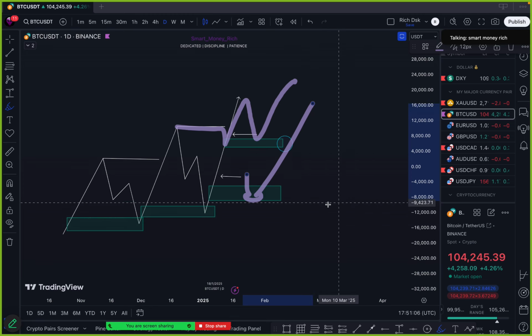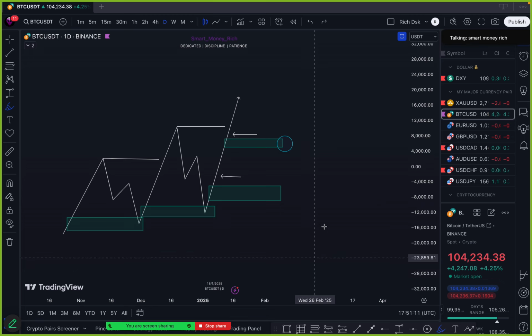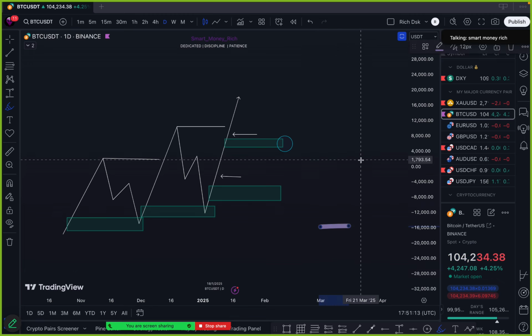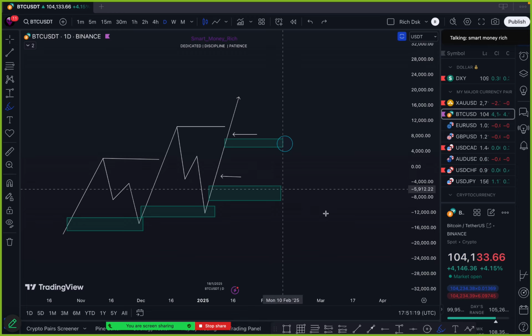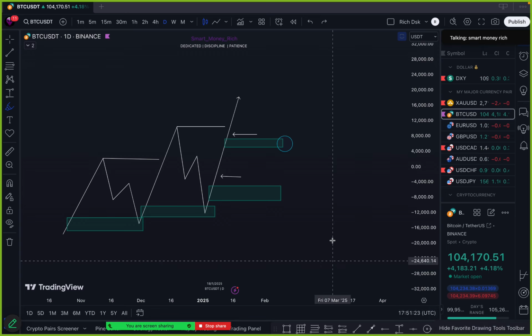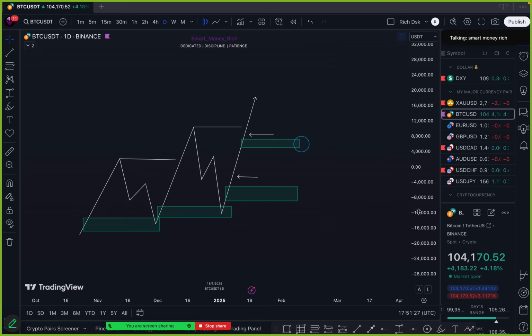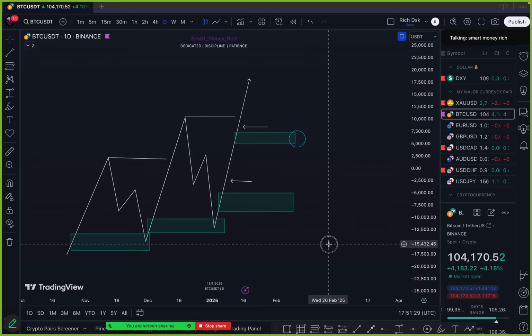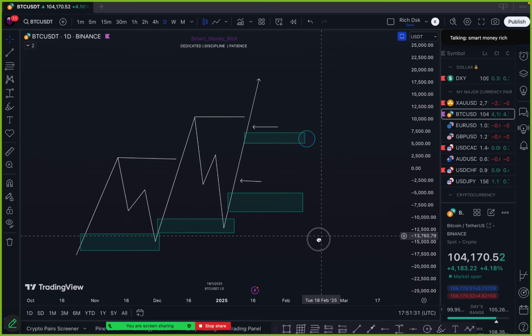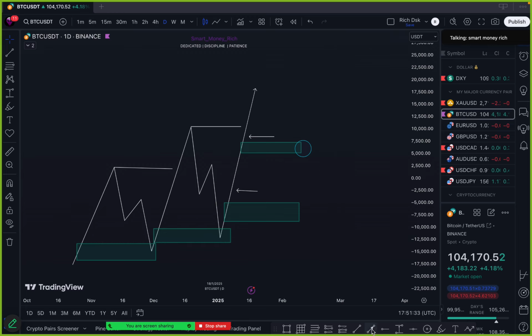Now this is what I want you guys to understand. I want you guys to understand the profits in buying low and then selling high. So let's say, for example, this is BTC, this is Bitcoin.